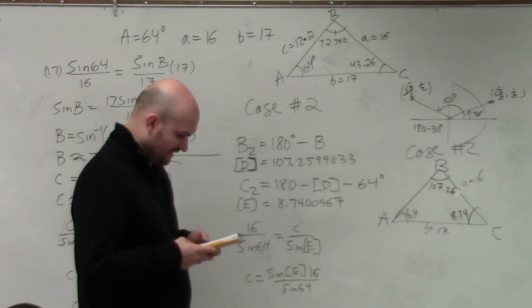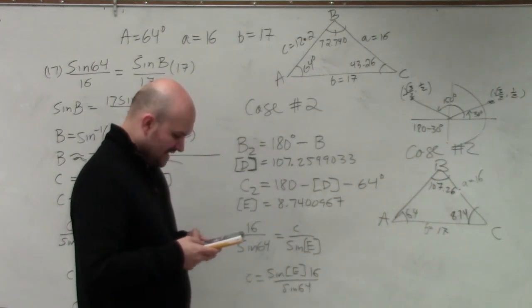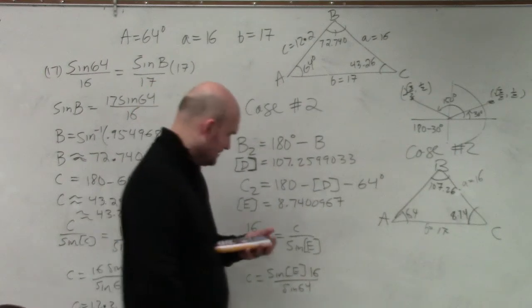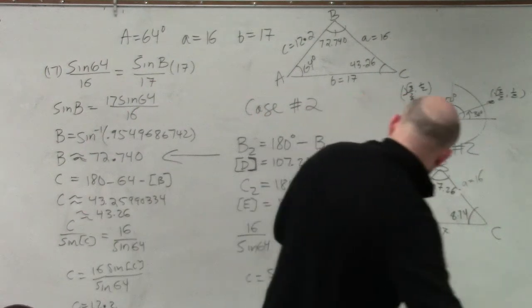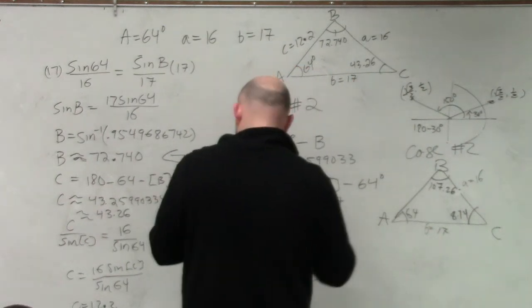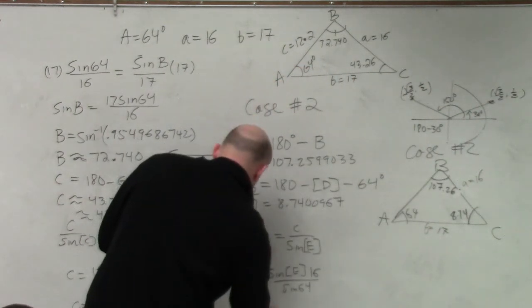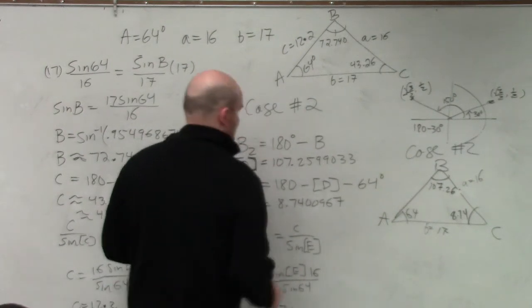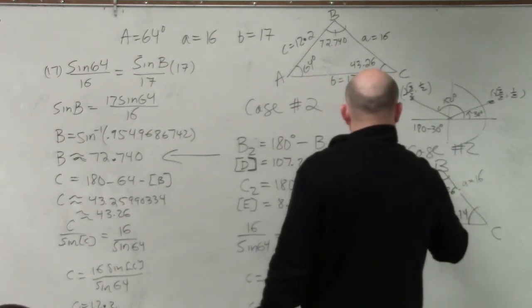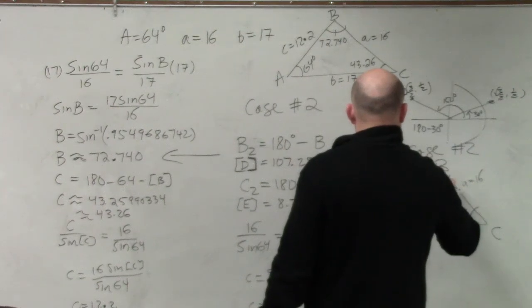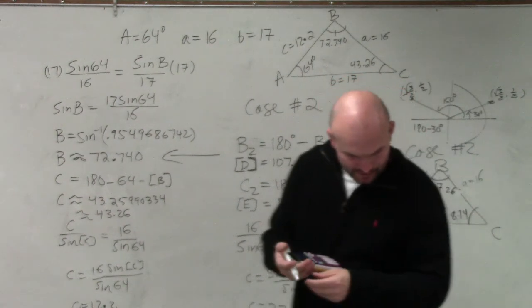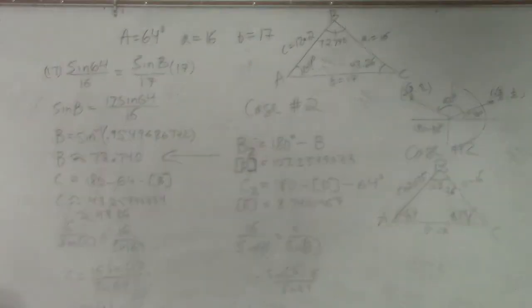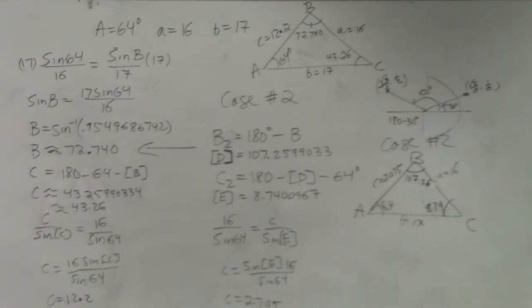So I do sine alpha E times 16 divided by the sine of 64, and I get C is equal to 2.705. And there you go.